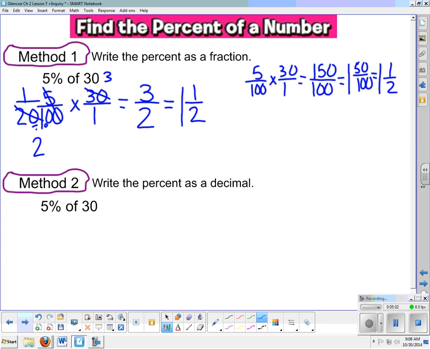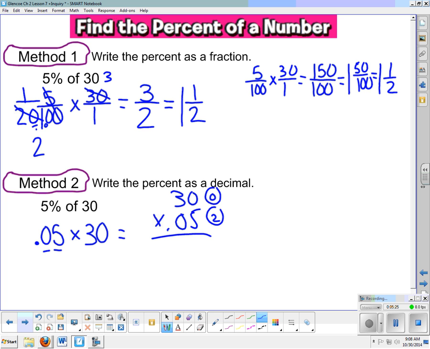Okay, now here's where you need to be careful. If you choose to work with decimals, you have to remember that 5% is not 0.5. It's 0.05. 5 out of 100. 5 hundredths of 30. 30 times 0.05, 0 decimal places, 2 decimal places, and we have 150.